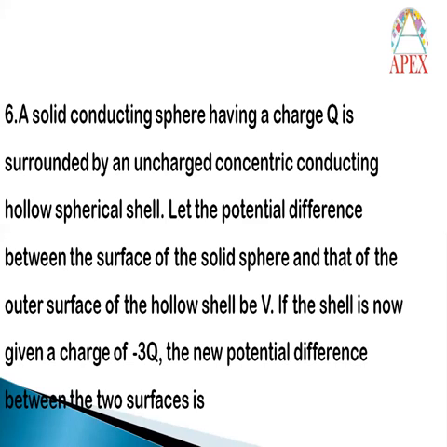Let the potential difference between the surface of the solid sphere and that of the outer sphere of the hollow shell be V. Okay, the potential difference between the two shells was given. If the shell is now given a charge of minus 3Q, the new potential difference between the two surfaces is.